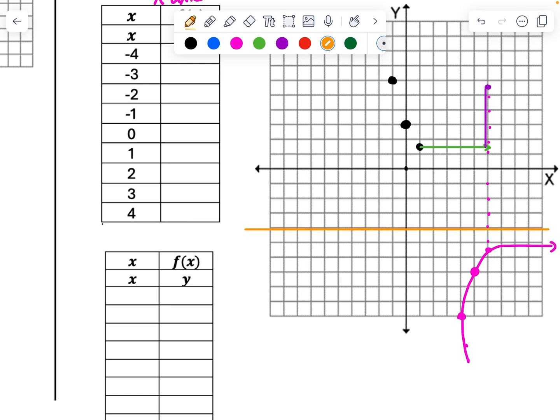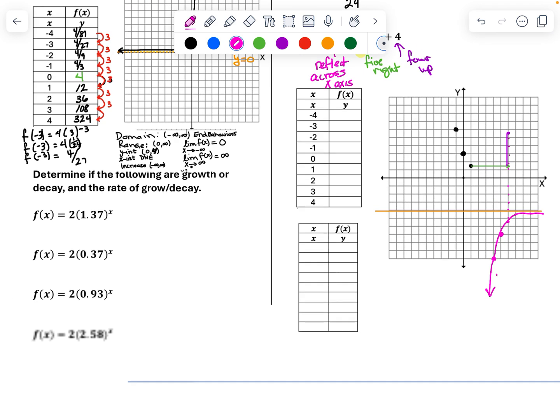I think I counted that last one wrong a little. I think it should have ended up like, no, that was right. It was, where was it? There, and then the next one will be here, and then here, and then here, and then here. Okay, that's good. And then it will go that way. So that will be the curve.